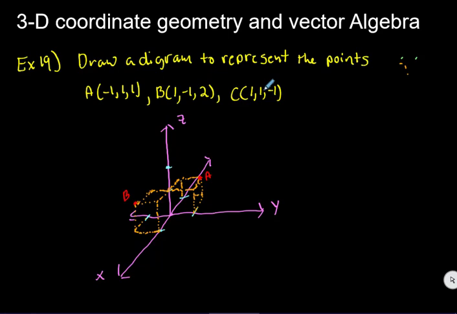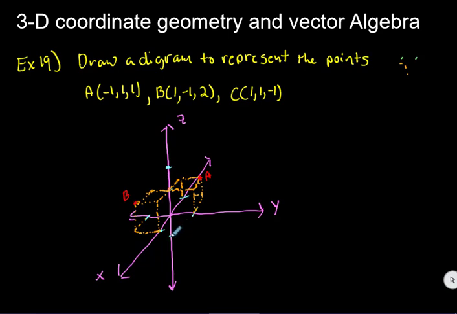And then C is the point (1, 1, -1). For z, we're going to go in the negative direction, so let's extend that. That's our negative direction in the z. So (1, 1, -1): that's right here and here, and then we're going to go down -1 right here.